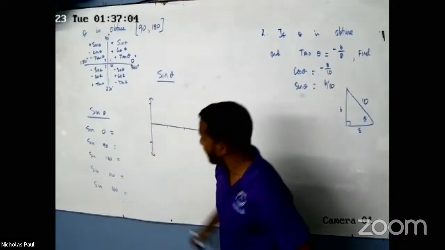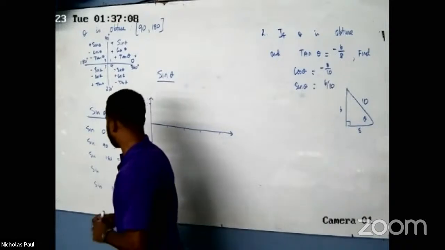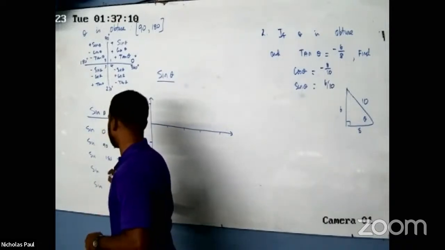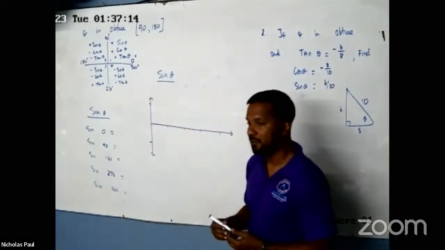See these values here, 1, 2, 3, 4, 5. These values we should know by just watching them. You shouldn't have to go to a calculator later on. These are values that you should know for sine, cos, and tan.